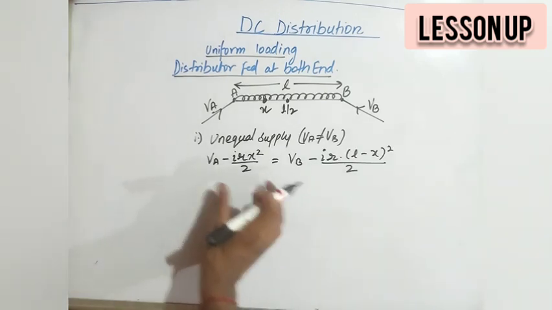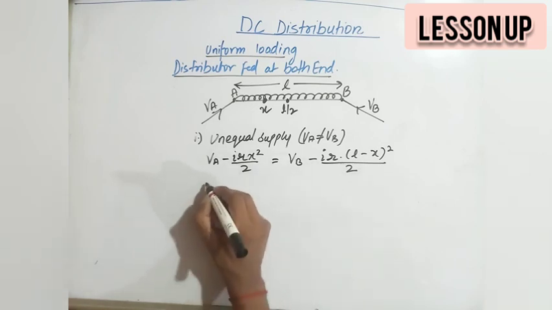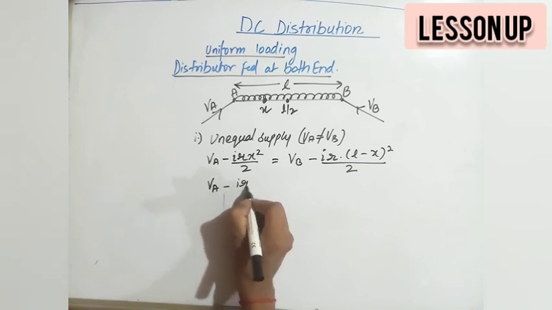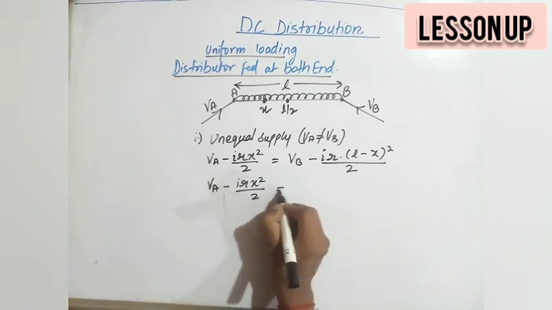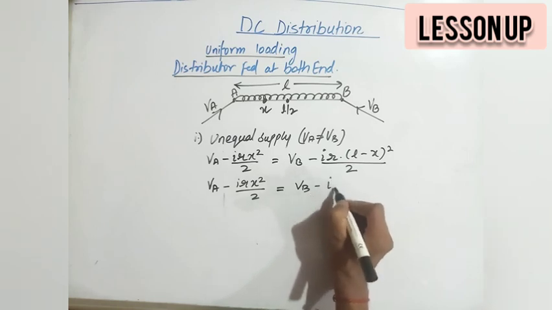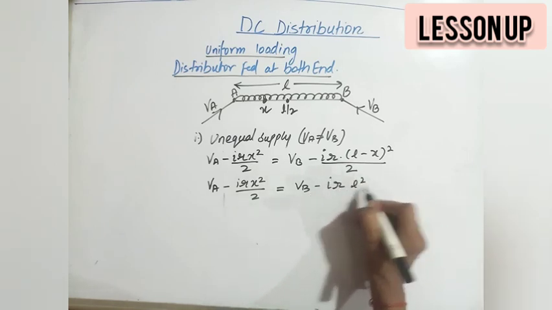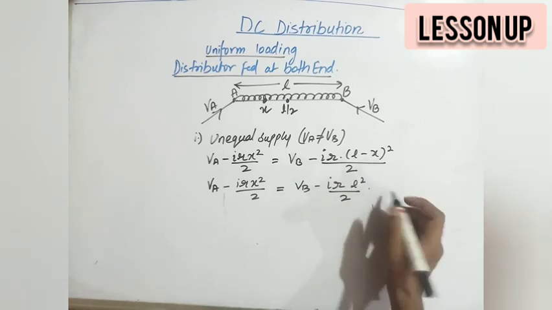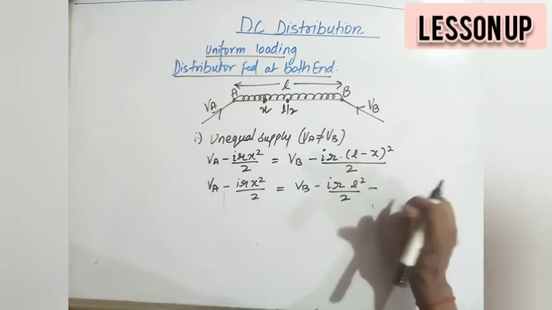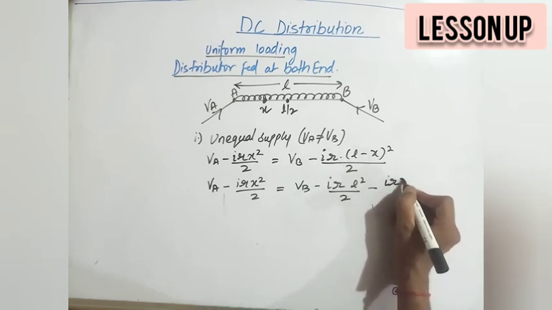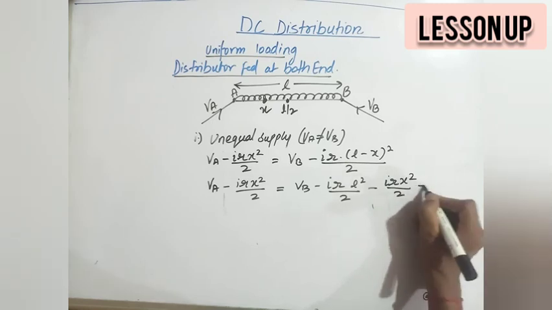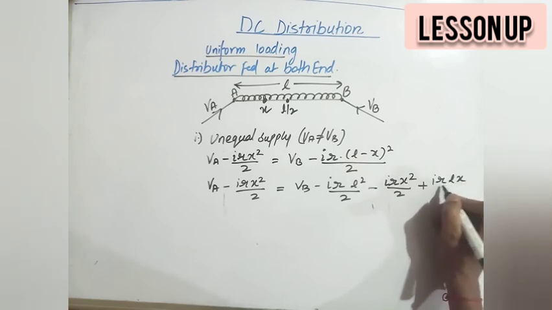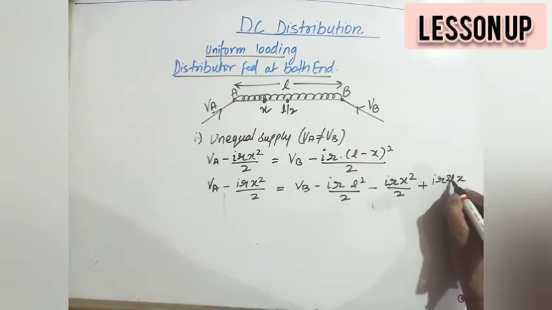Now we will equate these two voltages, which will be further written as VA minus IR X square divided by 2 is equal to VB minus IR L square divided by 2 plus IR Lx minus IR X square divided by 2.